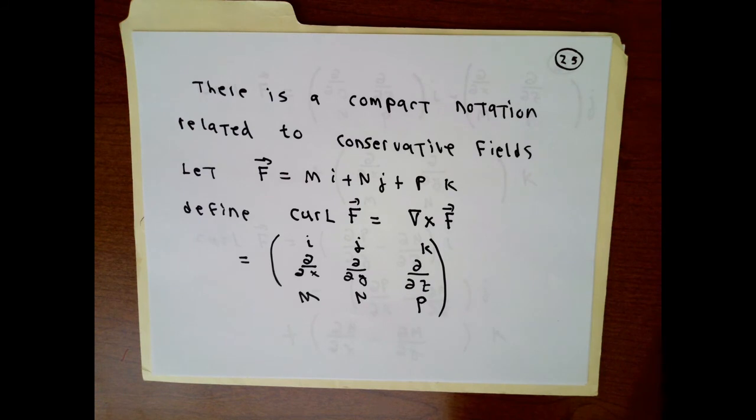All we have to do is to remember this. When we do a determinant, if part of it is a differential operator and the other part's a function, you always write the differential operator first and the function second.